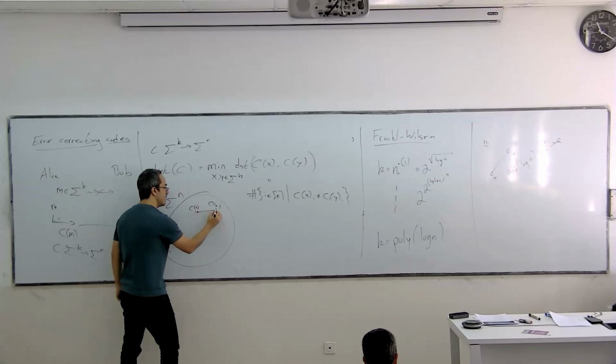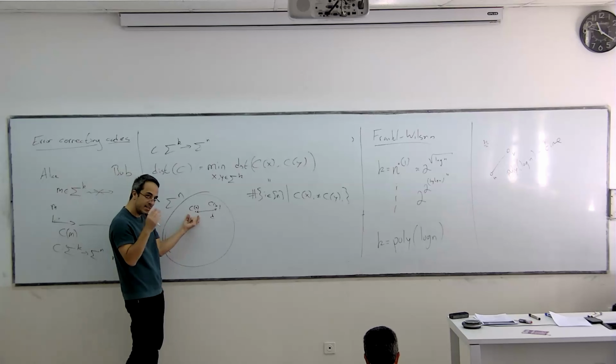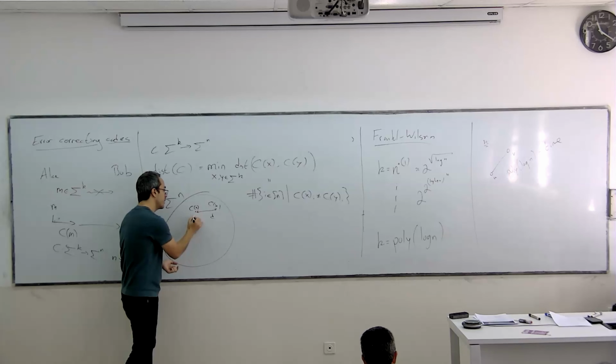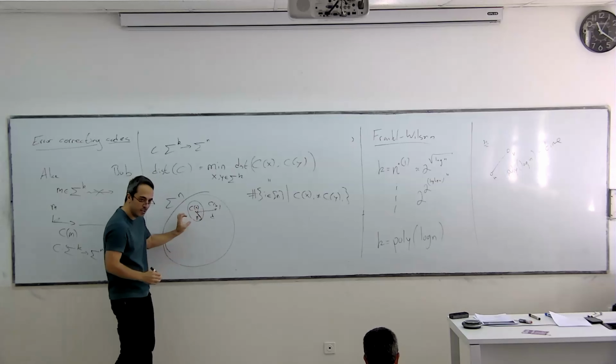And actually, if the distance, let's call it d, if the distance is d, then as long as fewer than d over 2 indices are corrupted, you will be able to recover the message, right? Because you can think of it as a little ball here, of radius d over 2, or maybe d over 2 minus 1 or something.